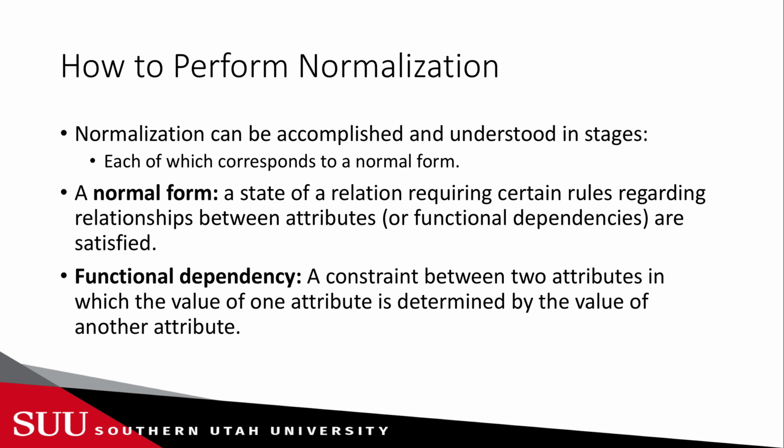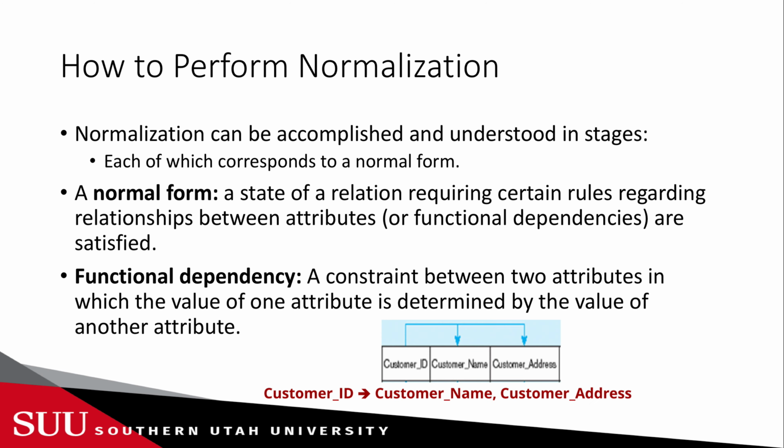So what are functional dependencies? Functional dependency is a constraint between two attributes in which the value of one attribute is determined by a value of another attribute. So if we look at this example, the customer name and the customer address will be determined based on the customer ID, because the customer ID will tell me who is this customer and where does the customer reside.